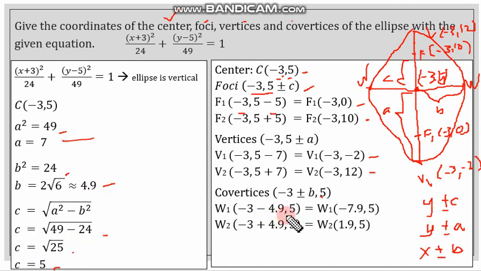So negative 3 minus 4.9 is negative 7.9, and then 5. On the right side, negative 3 plus 4.9 is 1.9, and then 5.